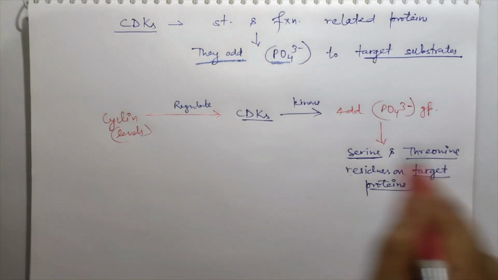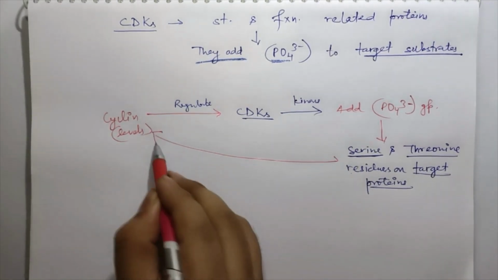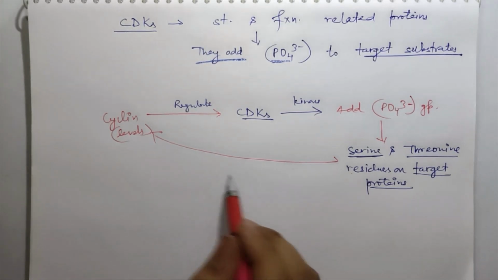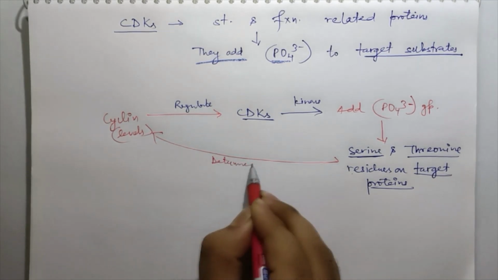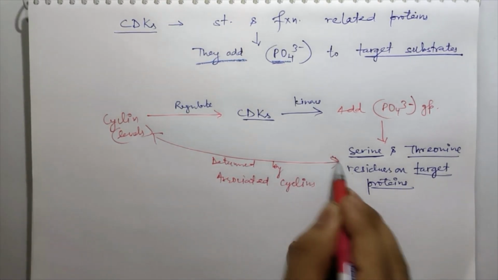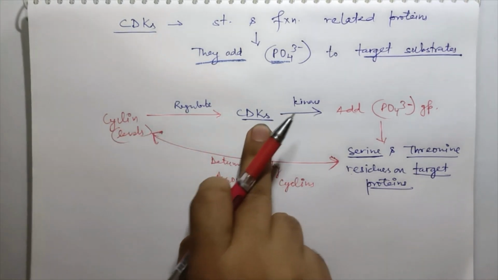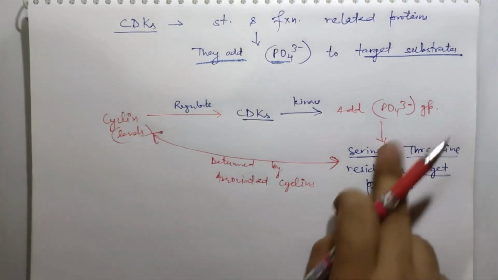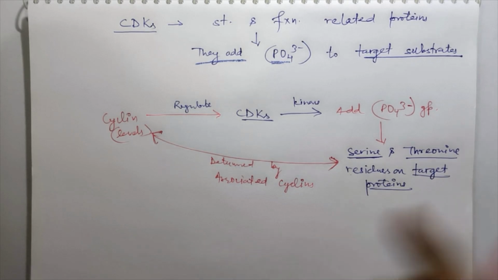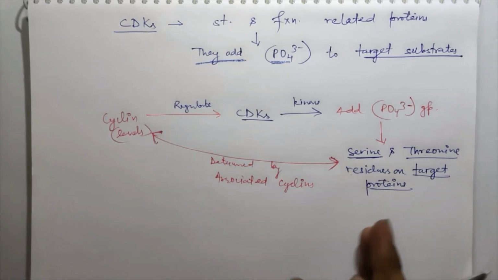But the addition of the phosphate group on these residue sites on the target protein is determined by the level of specific associated cyclins. It means cyclin of G1 can activate CDK of G1 phase, and then they can add a phosphate group to serine and threonines of target proteins, which helps in bringing the products of the G1 phase, that is growth 1 phase, and also of subsequent phases of the cell cycle.